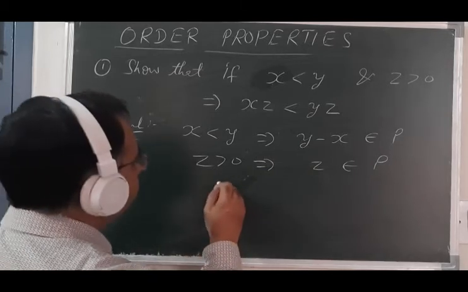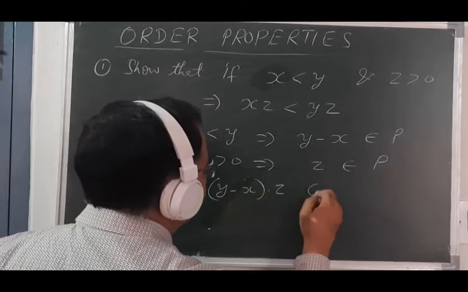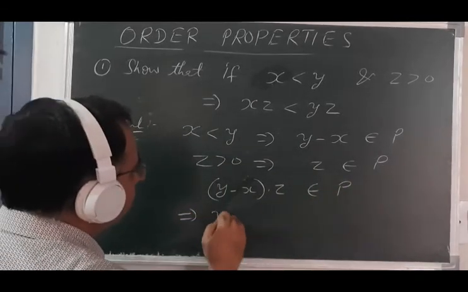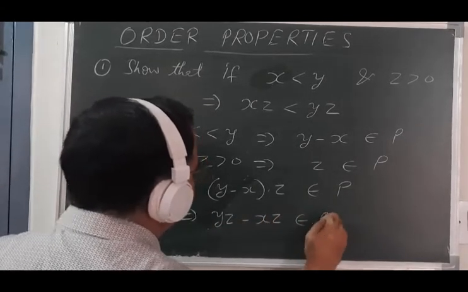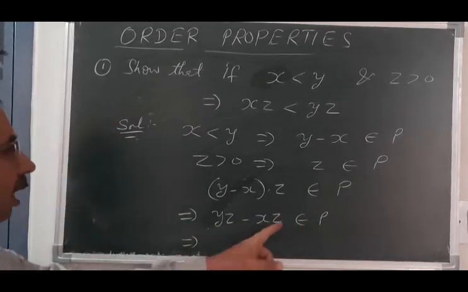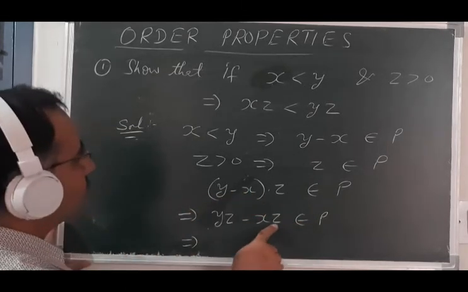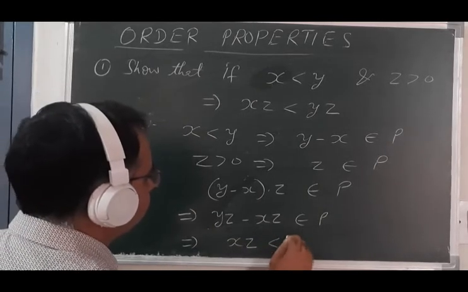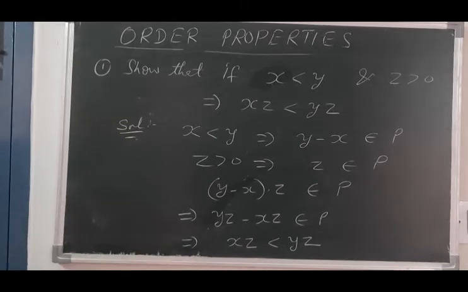We get y minus x times z belongs to P. This implies, by using distributive property, yz minus xz is element of P. But if this is element of P, it means this number is greater than this number, or this number is less than this number. xz is less than yz. This was the result which we wanted to prove.